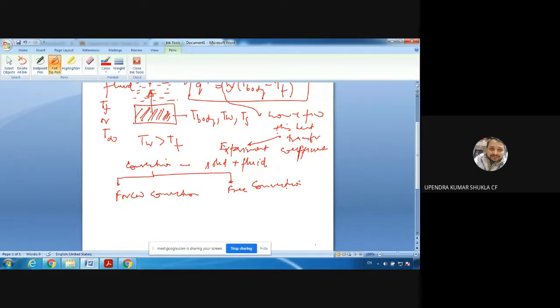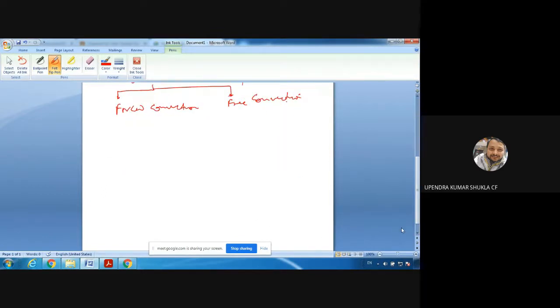Now, let us link with our previous topics. I taught you the fins. In the fins, we used h, the heat transfer coefficient, as a boundary condition.